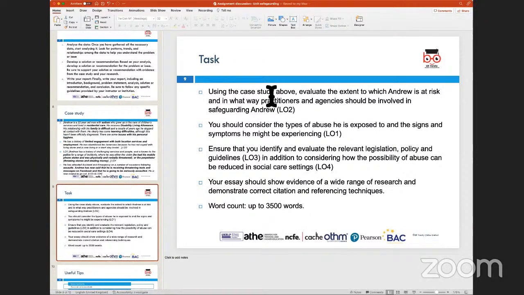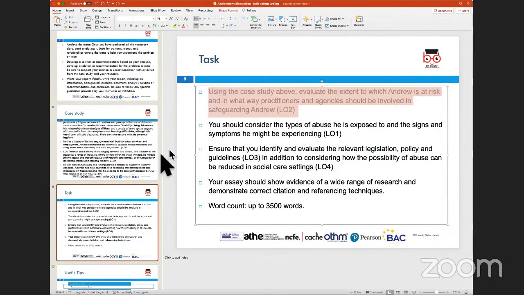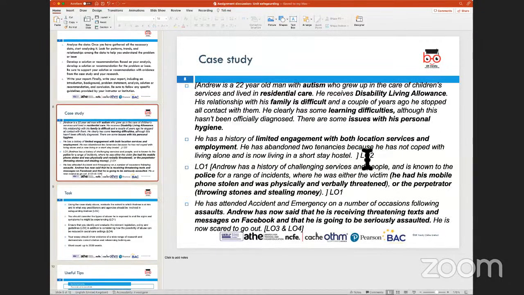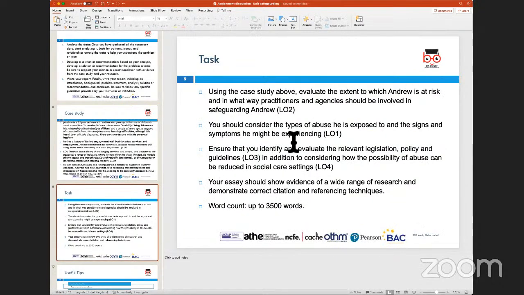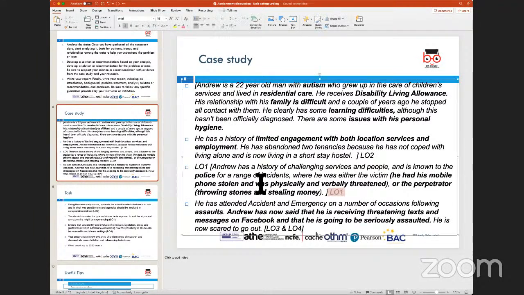It says, using the case study above, evaluate the extent to which Andrew is at risk, and in which way practitioners. So the first thing we've identified is learning outcome 2. So far we are 100% correct. Then it says you should consider the type of abuse he is exposed to, and I think we are 100% correct on that aspect as well.